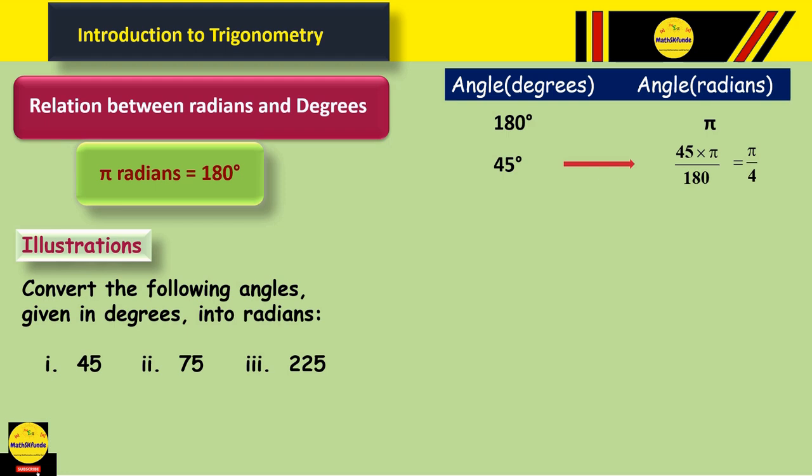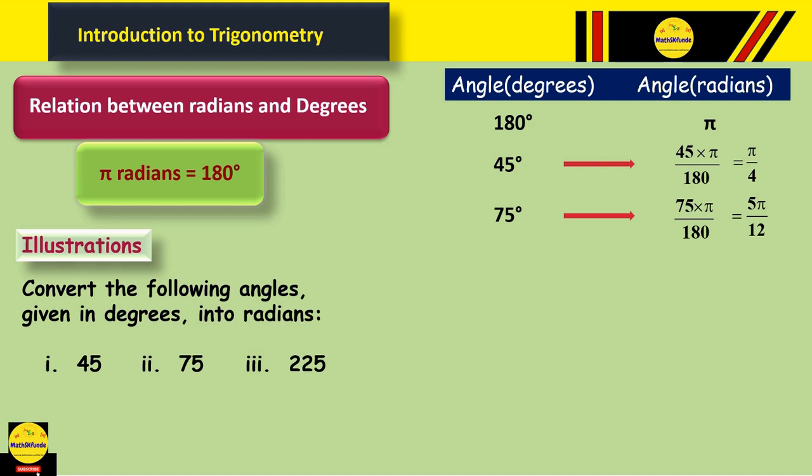We are doing it for the first time, so I had to do all this calculation in front of you. But from here onwards, some angles in their radian form instead of degrees, you can remember by heart. One of them is 45 degrees and the answer is pi by 4 radians. Now go for 75 degrees, exactly in the same manner. 75 into pi upon 180 radians.